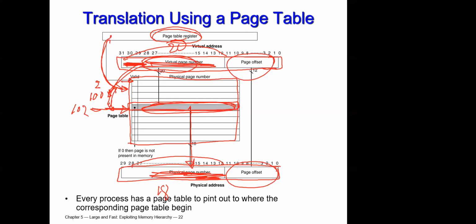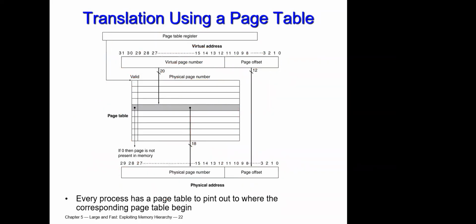Again, this guy will let me know exactly where the virtual address is. This guy will let me know exactly where I should begin. This plus that, for instance, and I arrive at this particular address location. After I arrive at this location, it will have the data that tells you where to find your physical page number.